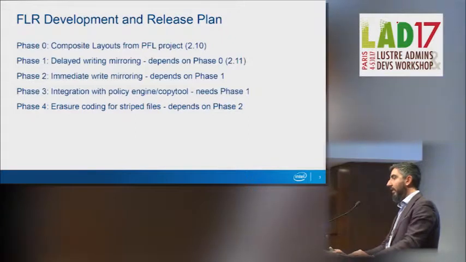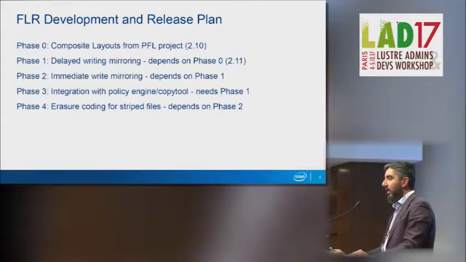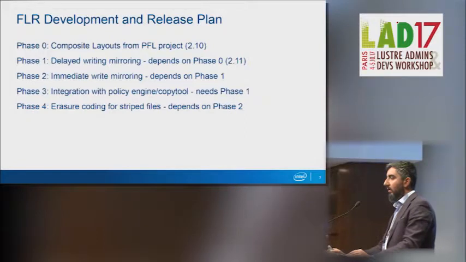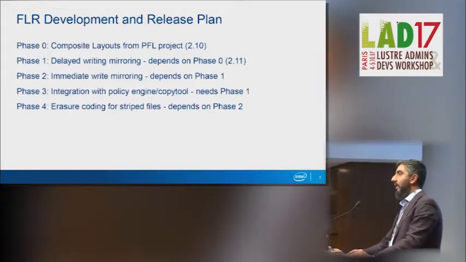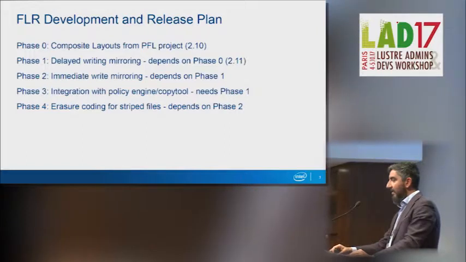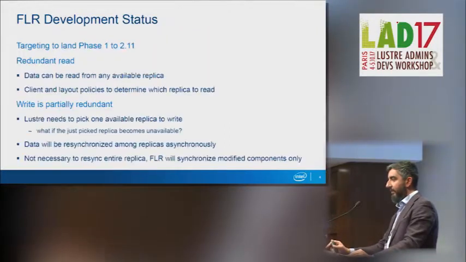We will talk about our ideas on a policy engine, a light policy engine implementation, and the final goal, in order to make Lustre suitable for the cloud guys, is implementing erasure code for striped files. So it's an ambitious project and we are basically starting now.